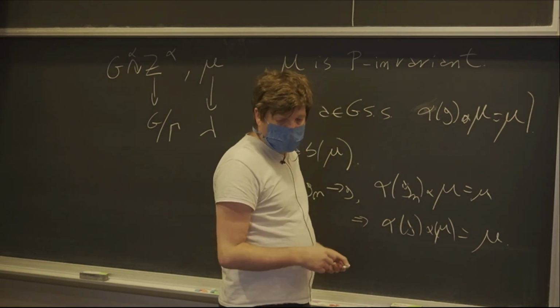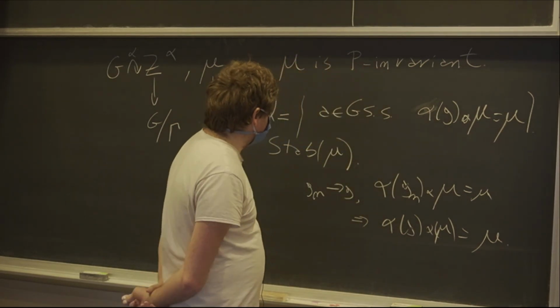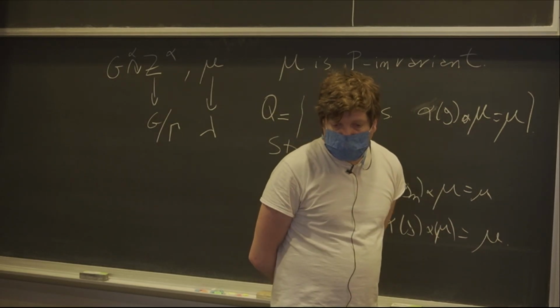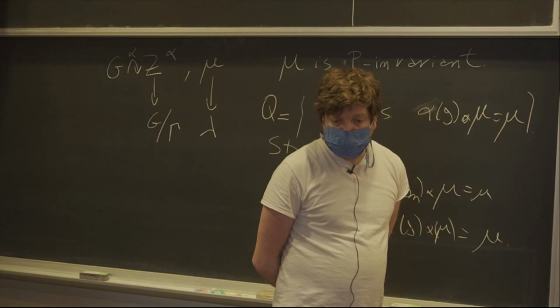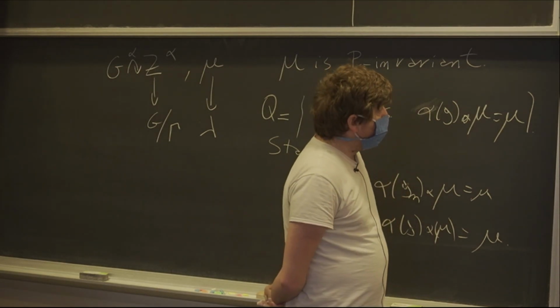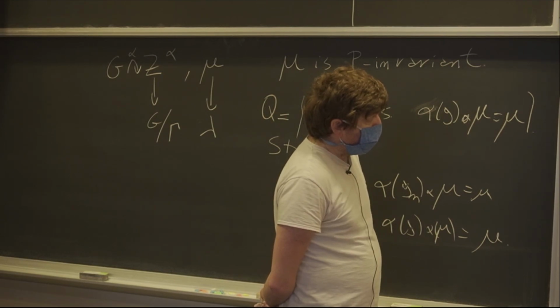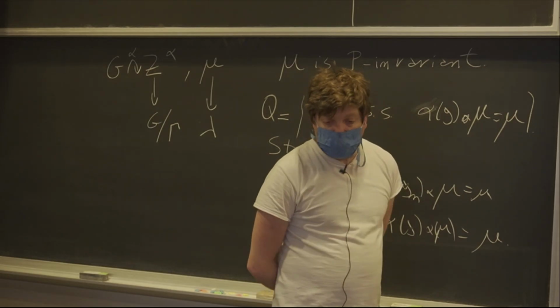I don't want to enter into Zariski closures, at least not yet, to define this. But I will make the picture, and with the picture I will try to convince you what is the extra definition of Q. So this picture will explain what we need to prove now.